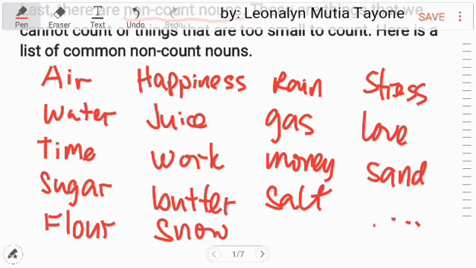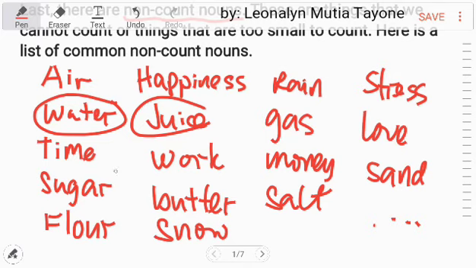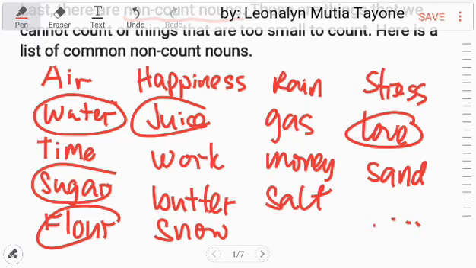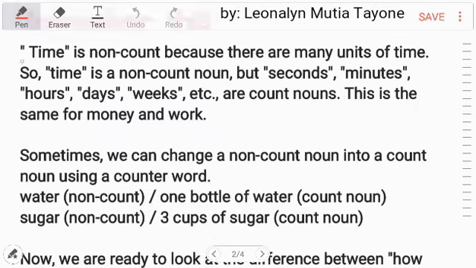In short, liquids such as water, juice, milk, powders such as sugar, flour, rice, materials such as wood, metal, plastic, paper. Food, such as we have fruit, meat, bread, cheese. Abstract nouns such as love, hope, fear, justice.